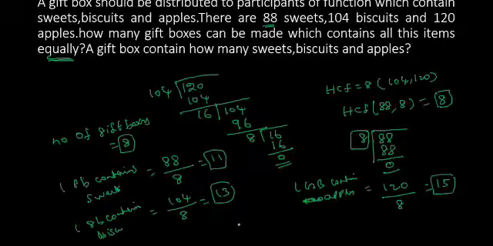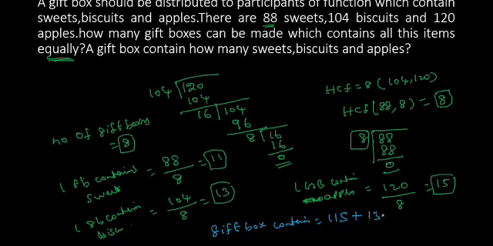So here a gift box contains 11 sweets, 13 biscuits and 15 apples. So altogether a gift box contains 39 items. One gift box contains 39 items.